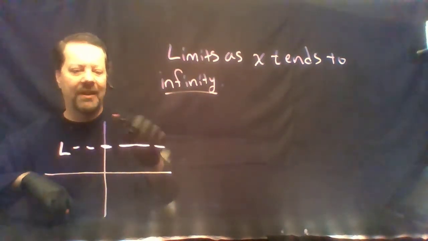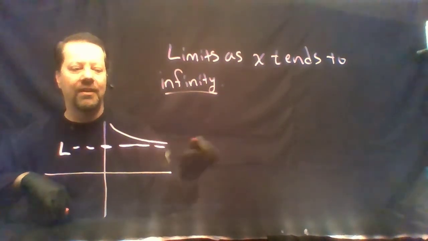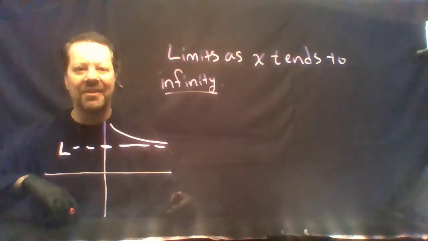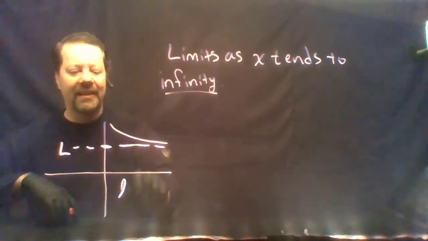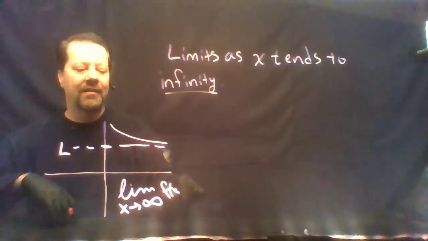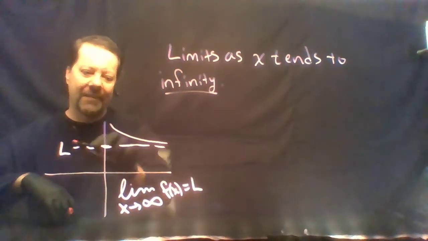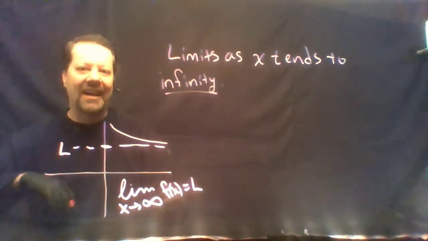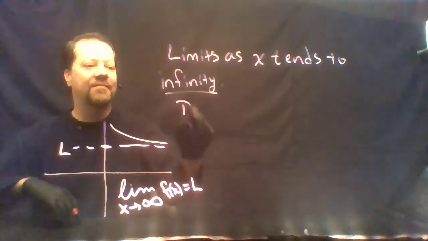Suppose we have some number L, and the function gets closer and closer to L as x goes to bigger and bigger values. We're kind of thinking the limit as x goes to infinity of f of x equals that limiting value L. It settles down on that number. How do we properly define that?